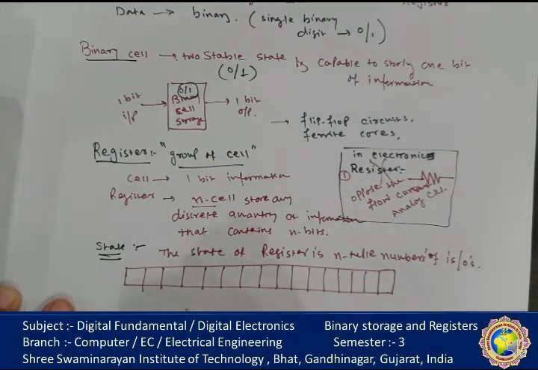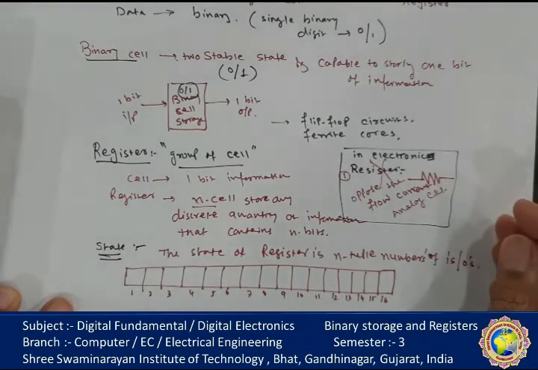Okay, so with this 16-bit storage capacity it will start from the MSB, 1, 2, 3, 4, 5, 6, 7, 8, 9, 10, 11, 12, 13, 14, 15 and 16.